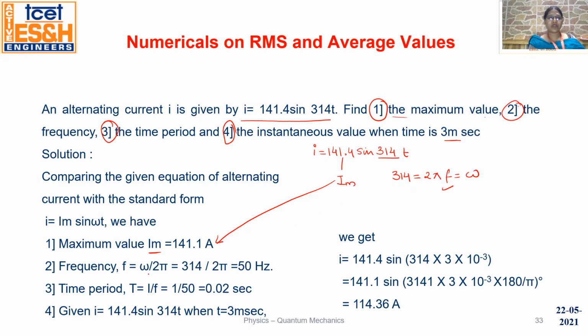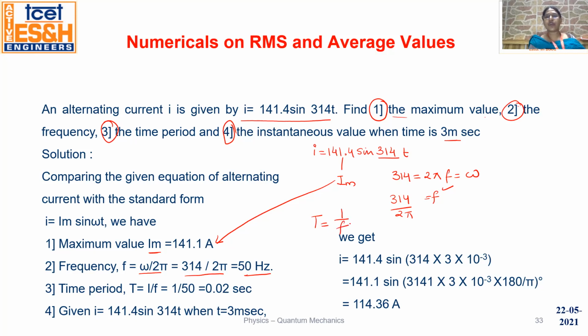So f is equal to 314 divided by 2 pi. Clear? 314 divided by 2 pi. This is 50 hertz.